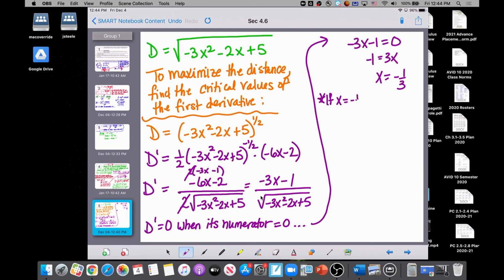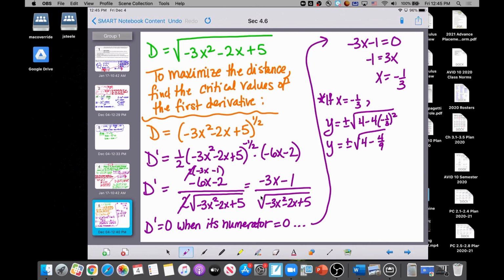And then if x equals negative 1/3, let's plug that into y. Well, we knew from before that y was equal to plus or minus the square root of 4 minus 4x squared. So 4 minus 4 times negative 1/3 squared. If I do the math there, negative 1/3 squared is positive 1/9 times the negative 4 is negative 4/9. So y is plus or minus the square root of 4 minus 4/9.